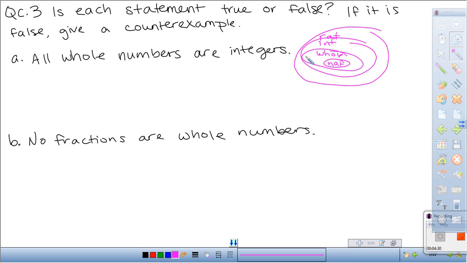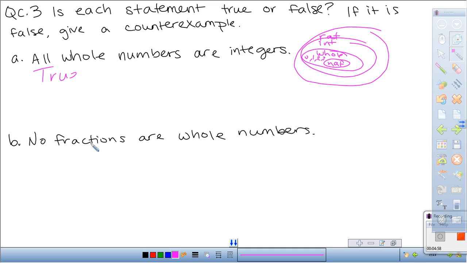Remember, whole numbers are just numbers like 0, 1, 2, 3. I can't think of a single whole number that wouldn't also fall into the integer category, and that's because the category of whole is inside integer. That means, by definition, or by the description of the picture, that all the whole numbers have to be integers. So this is actually true. There isn't a counterexample.